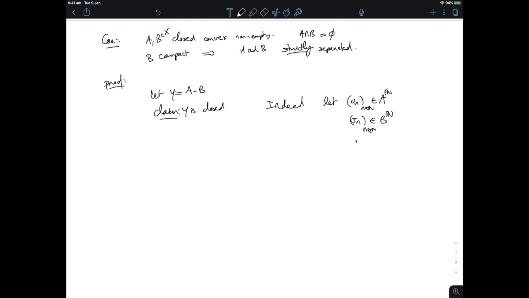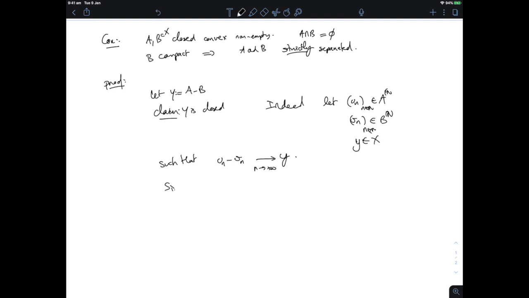So I'm also going to take a y in X such that u_n minus v_n converges to y. And what I need to prove, to prove that capital Y is closed, is that little y is in A minus B.